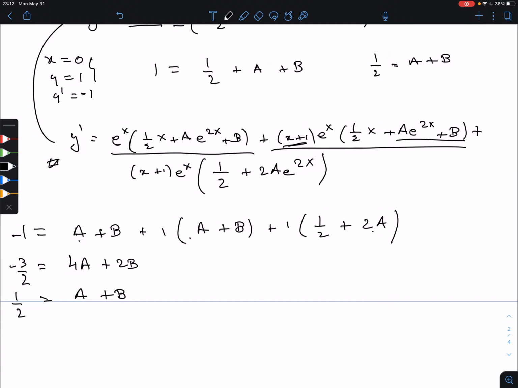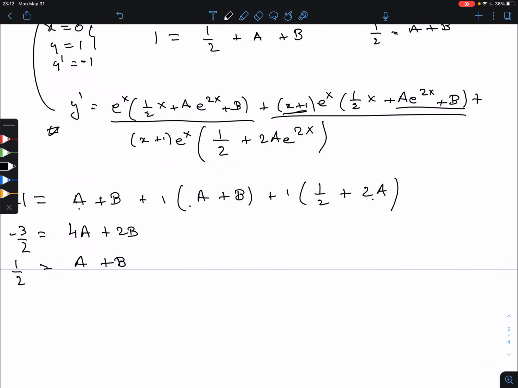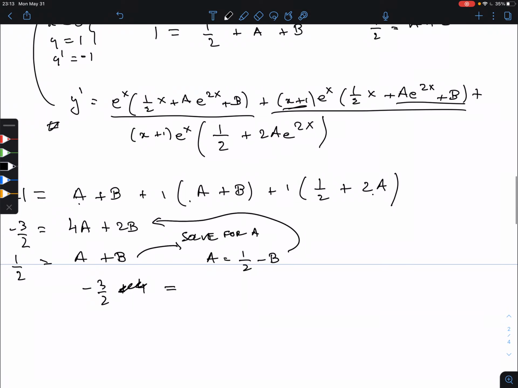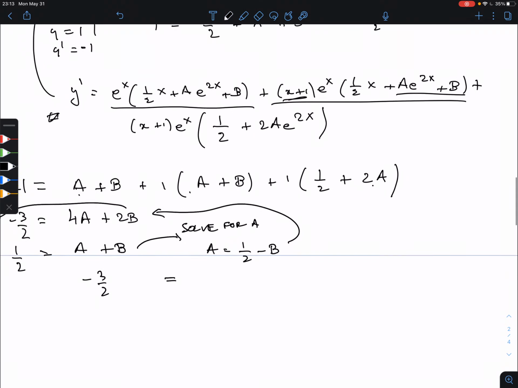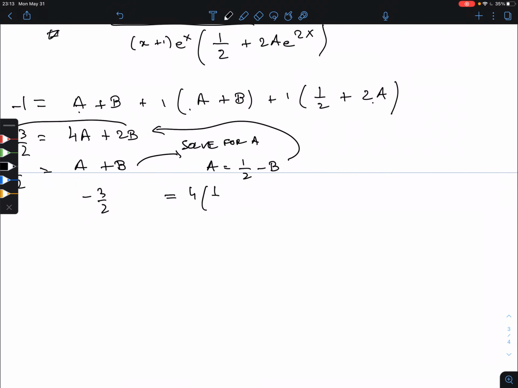Okay. So again, we have a bit of choice here in how we do it. We can solve for a. Let's do the substitution once, because I don't know how many times I showed it. So I solve for a. That means that a is a half minus b, and I plug that in here. So -3 halves equals, I'm plugging it into the top one here, 4 times a half minus b plus 2b, that is 2 minus 4b plus 2b, that is 2 minus 2b, and that is -3 halves.